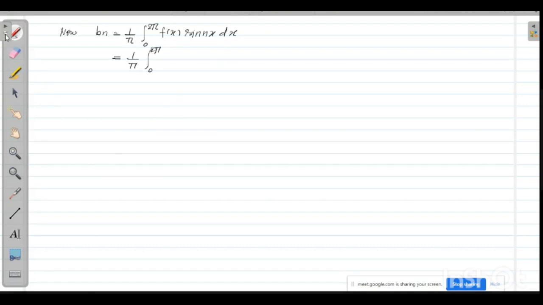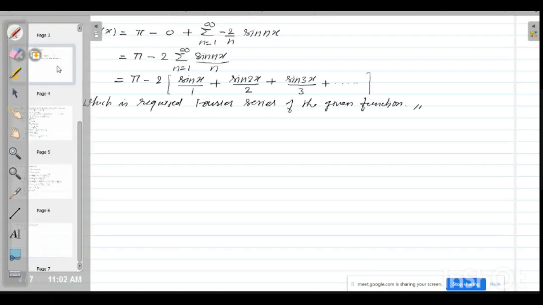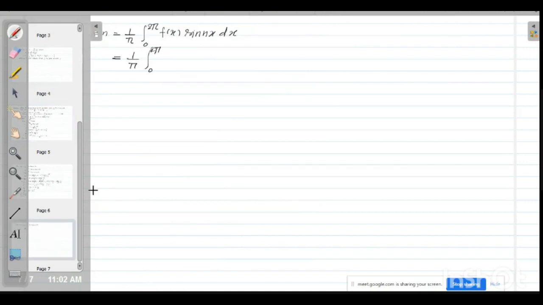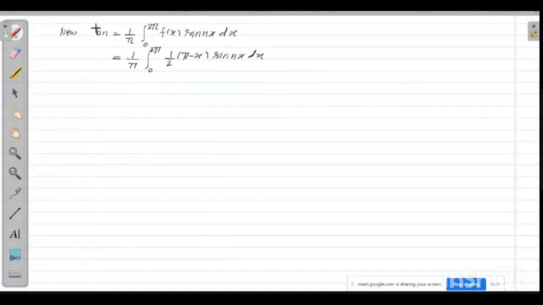Just substitute the value of f of x. Your main function is 1 upon 2 (pi minus x), and here write down sine nx and dx.